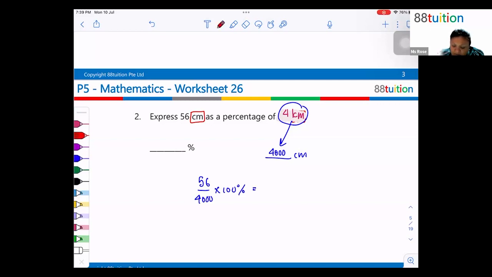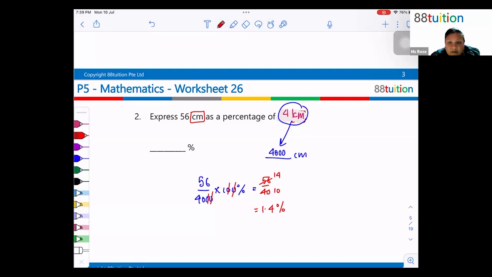So this can cancel off. So I will get 56 over 40, right? If I divide by 4, I'll get 14. So that's 1.4%.